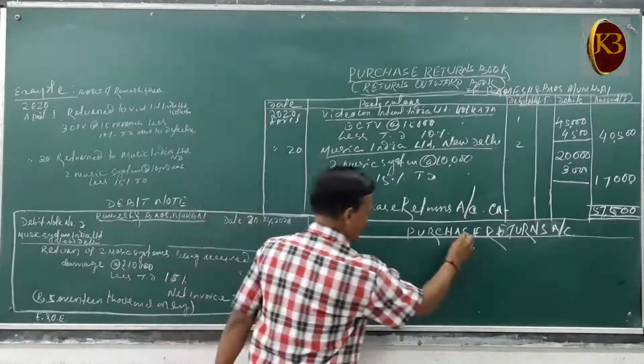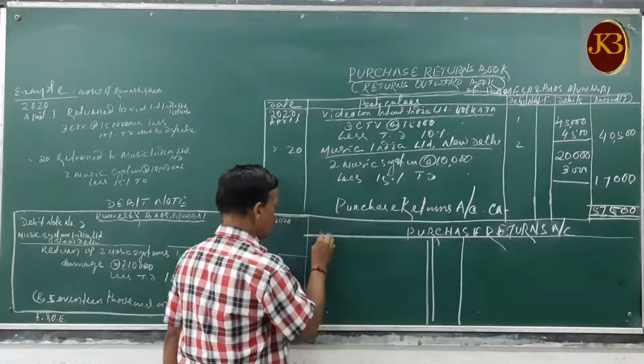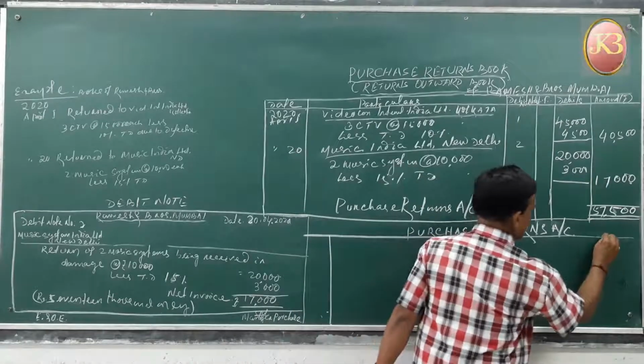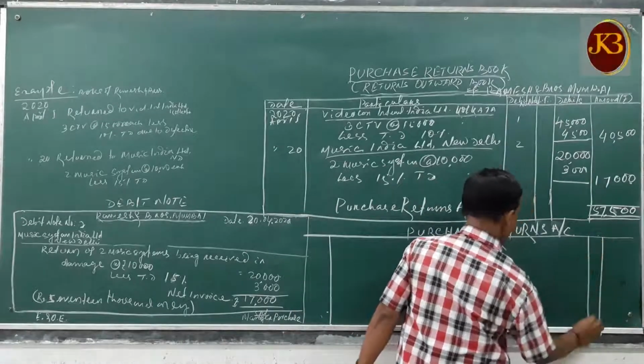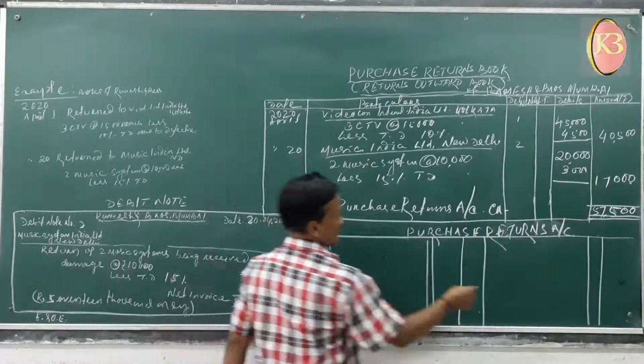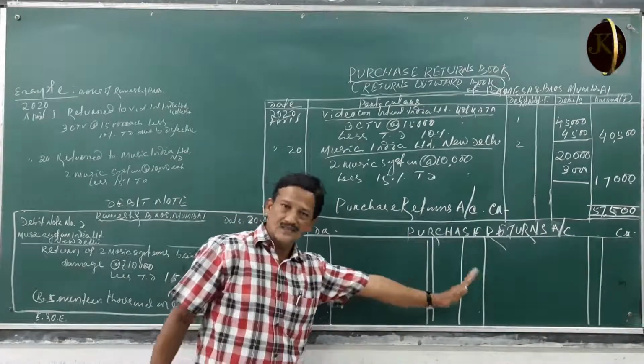This is the ledger account. Now we have posted to the ledger account. This is the date, this is amount, journal folio. Next, this is debit and this is credit.